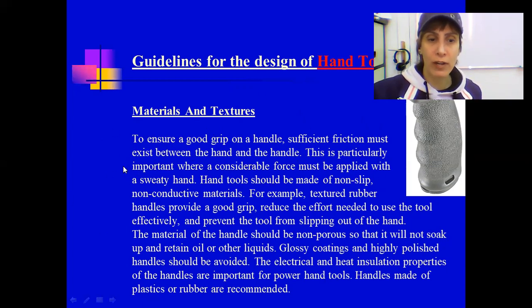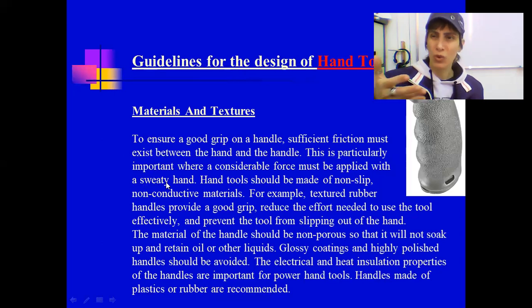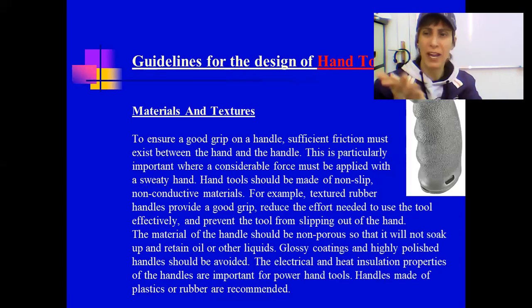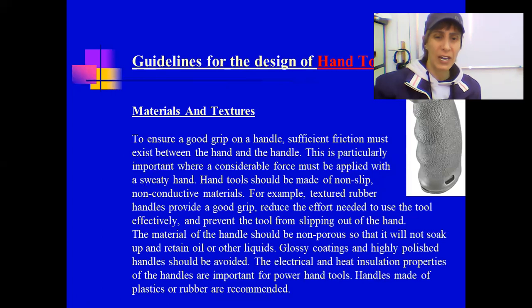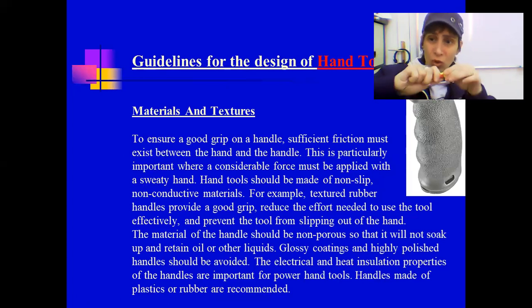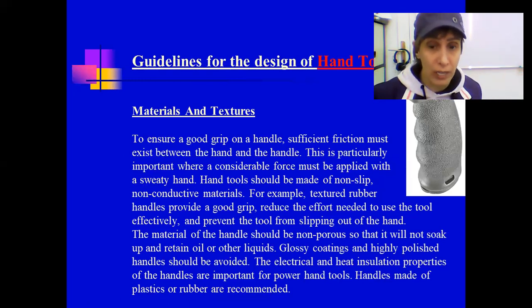This is particularly important where a considerable force must be applied with a sweaty hand. So if I'm a worker and my hands are dirty and sweaty, when I hold the tool and there is not enough friction, my hand can slip, which is not a good idea.